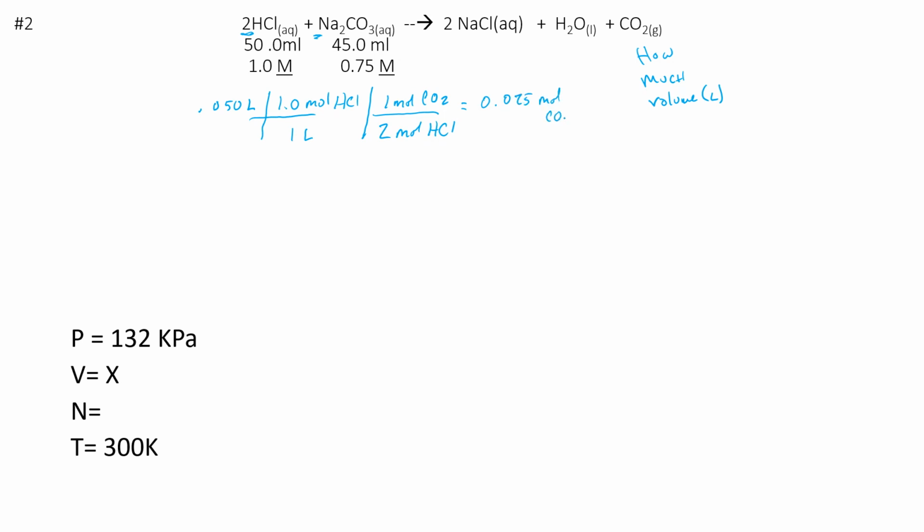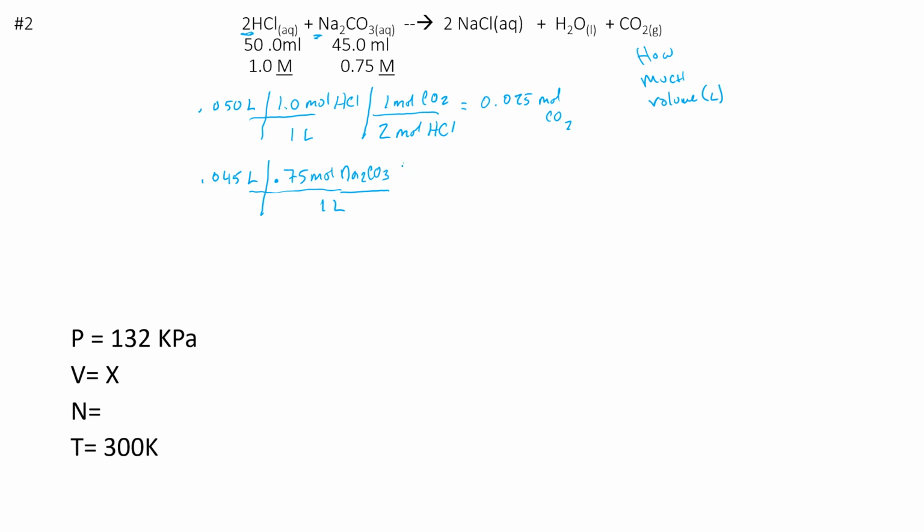moles of CO2. I then repeated the exercise with the sodium carbonate, so 0.045 liters here. Again, I have to work in liters. It's a solution, and it is 0.75 moles of sodium carbonate per 1 liter.